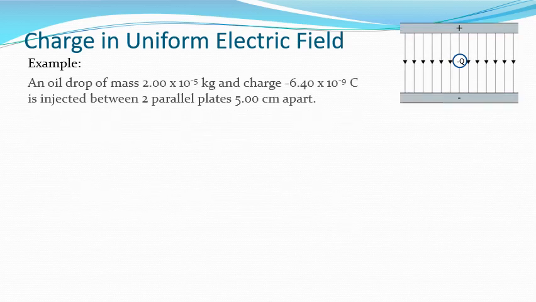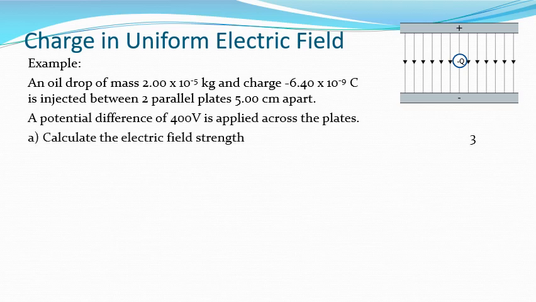So let's start at the first problem here, looking at the electric field strength. So we've just seen that the electric field strength, E, can be calculated from the potential difference divided by the separation between the plates. So if we divide 400 by 0.05, 5 centimeters, we can get an electric field strength of 8,000 newtons per coulomb. We could write that unit also as volts per meter.